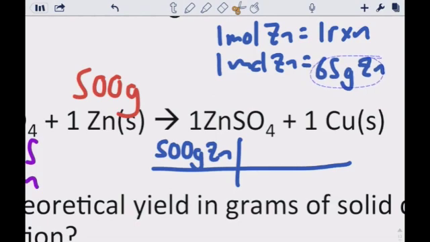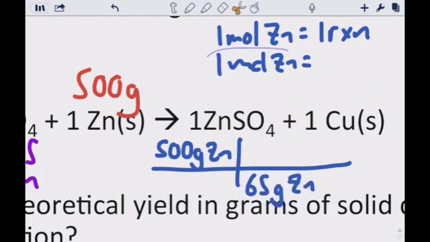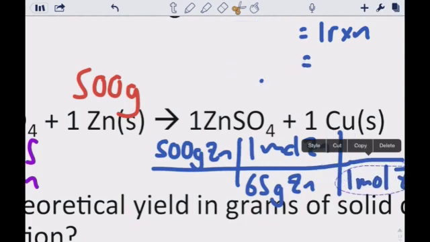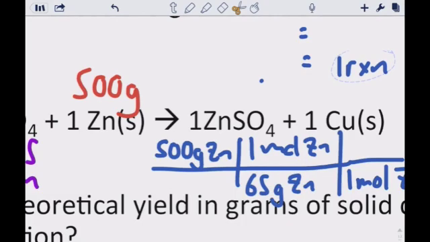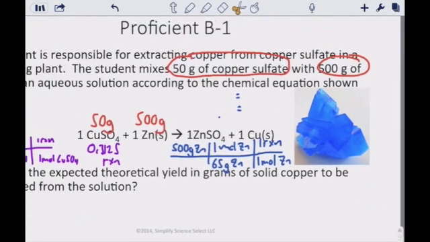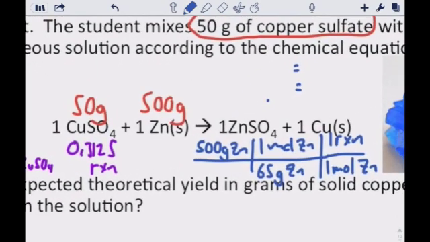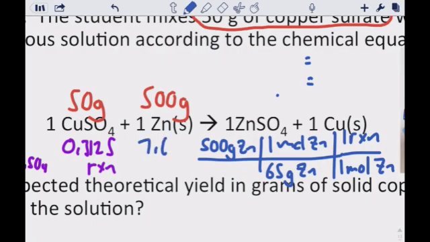We put our grams on the bottom and our moles on the top. And then we keep going to figure out how many reactions it'll produce. And then 1 mole to cancel that unit out, and 1 reaction on top. And so we've converted, and we see that with zinc, 7.69 reactions can take place. 7.69 reactions. So what's the limiting reactant?